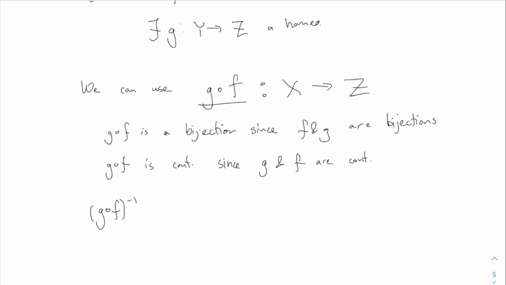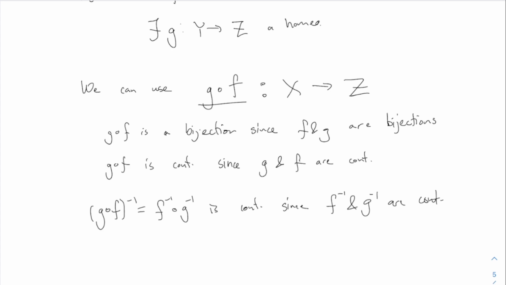Is there some connection of this to G inverse and F inverse? Yeah, this is F inverse composed with G inverse. And now you can say that's continuous because each of those things is continuous. So this is continuous since F inverse and G inverse are continuous.